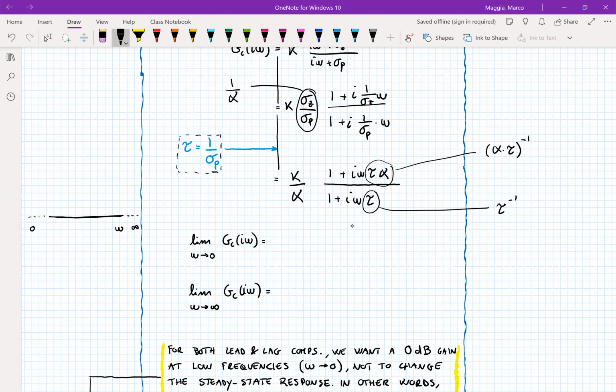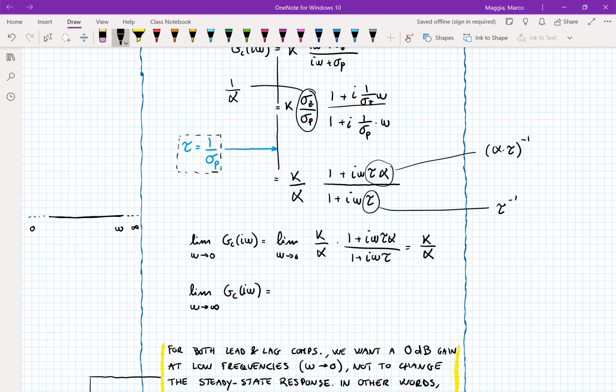So let's take a look at the limit of this transfer function as omega first goes to 0, and then when omega tends to infinity. We have to write the limit for omega that goes to 0 of K over alpha times 1 plus i omega tau alpha over 1 plus i omega tau. And so the limit is simply K over alpha for very low frequencies.